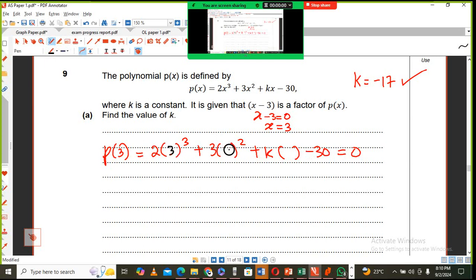Everywhere you have an x, you are going to replace it with the 3. So that's 54 there, 9 times 3 is 27, plus 3k. Yes, it's 17. Okay, so 51.